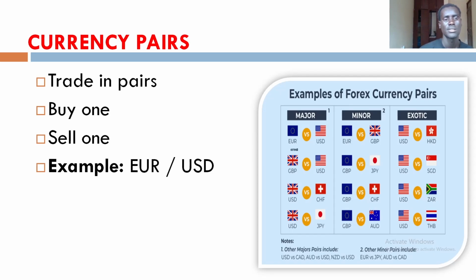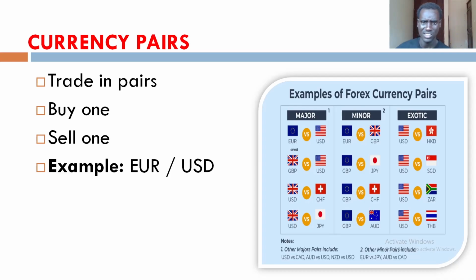In currency pairs, we buy one currency and we sell another currency. For example, Euro USD. I'm buying Euro and at the same time I'm selling what? USD. And when I'm selling Euro, I'm also buying what? USD.